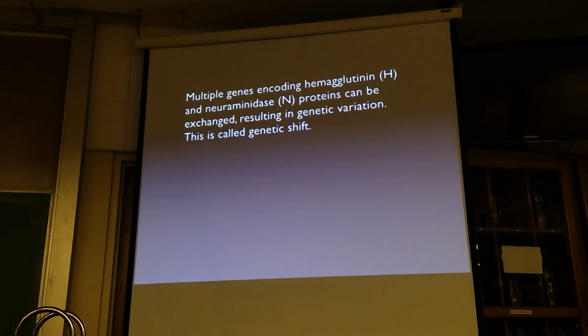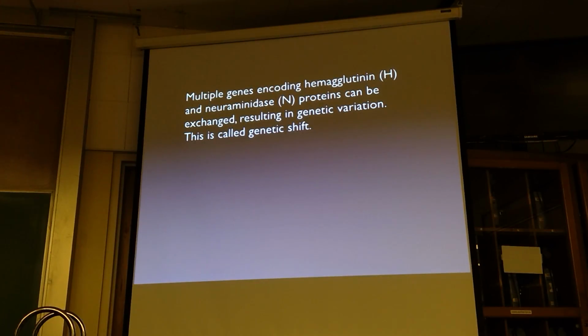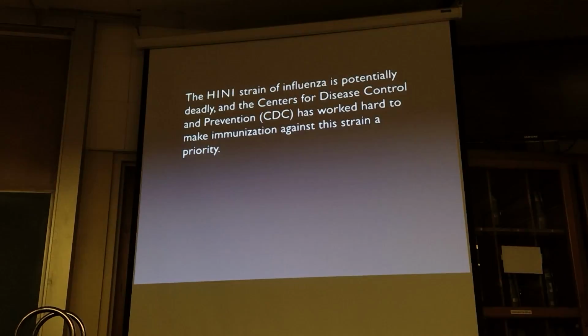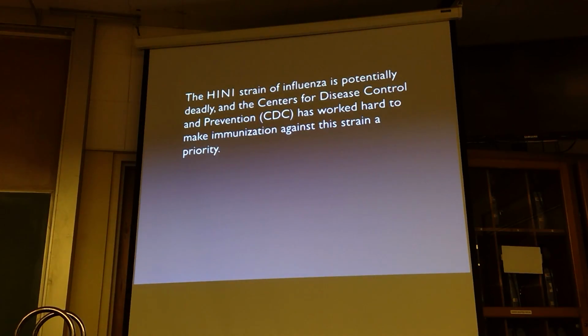We talked about antigenic drift and antigenic shift. The genes encoding hemagglutinin and neuraminidase are multiple. You have different versions of them, and as a consequence, you can get changes in the surface antigens either through mutation, which is antigenic drift, or through recombination.